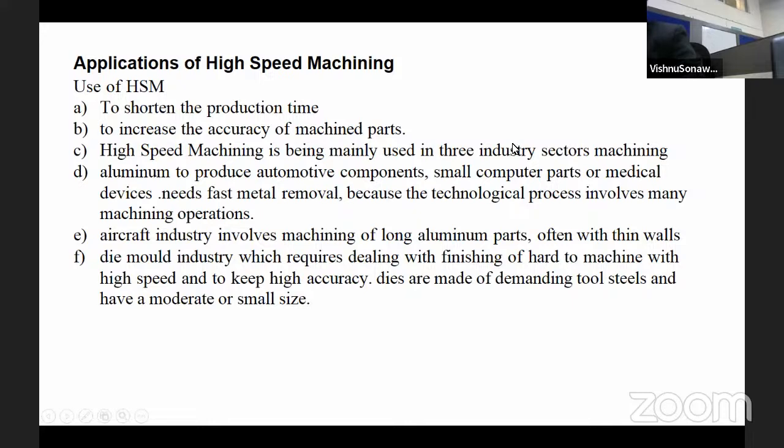We can use high speed machining for medical devices, automotive components, aircraft industries, thin walled parts, long aluminum parts, die and mold industries, press work, and forging industries, to machine hard parts with high speed and high accuracy, and the dies are made of demanding tool steels of moderate small size. If there is a small size component, we can machine smoothly, effectively, and properly.